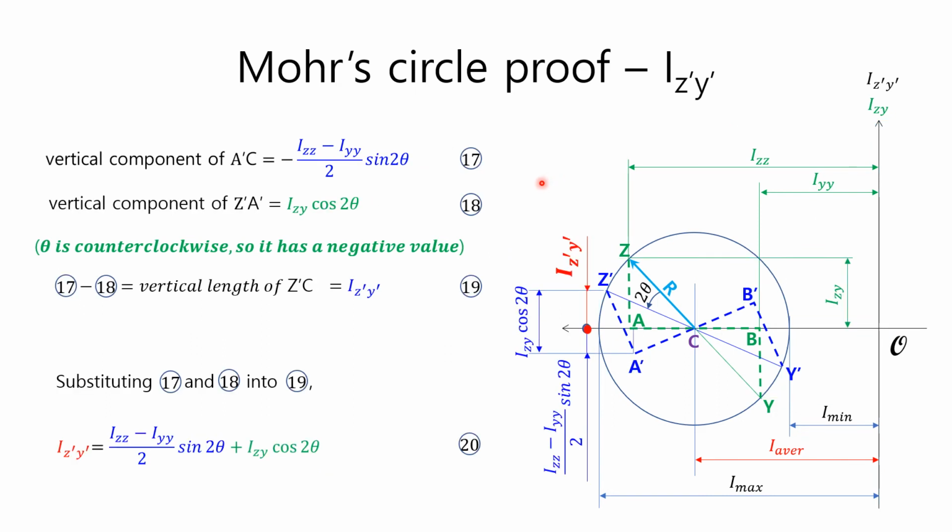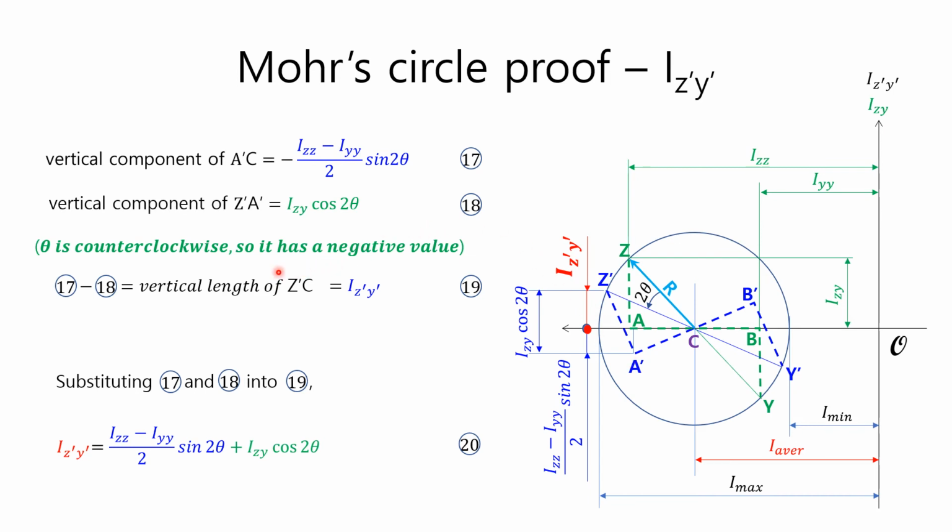Let's go ahead and derive the expression for the product moment of area Iz'y' of the rotated coordinate axis z'y' using the geometric properties of Mohr's circle. In the figure, the vertical component of A prime C can be calculated as the equation 17, and the vertical component of Z prime A prime can be calculated as the equation 18.